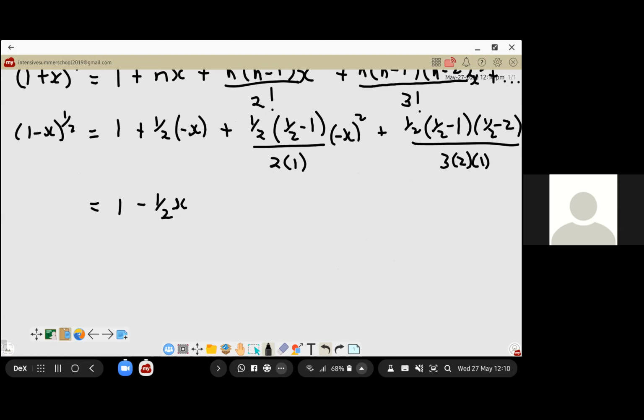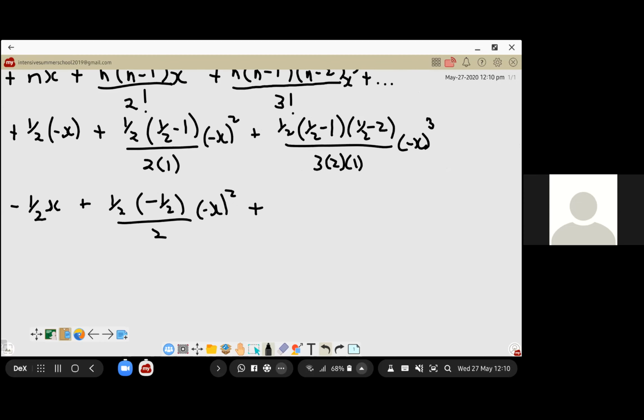Plus, let's make our work a bit easier. Half minus 1 is negative half, all over 2, bracket negative x all squared, plus half, negative half, negative 3 over 2.